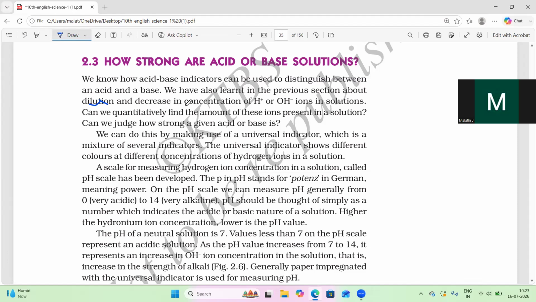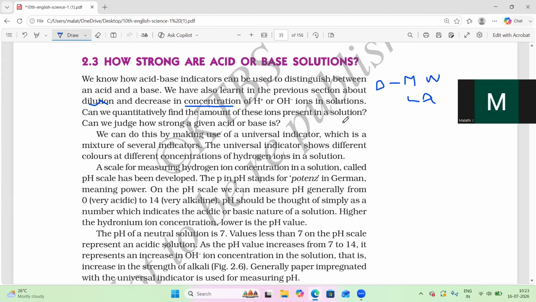In a dilute solution, we add more amount of water and less amount of acid or maybe base. Here, dilute solution means we have to take more amount of water and less amount of acid or base.